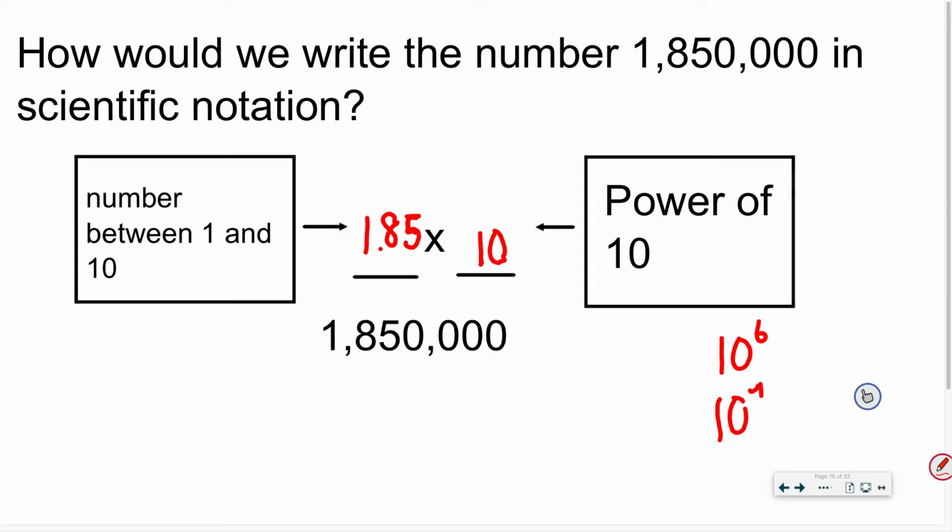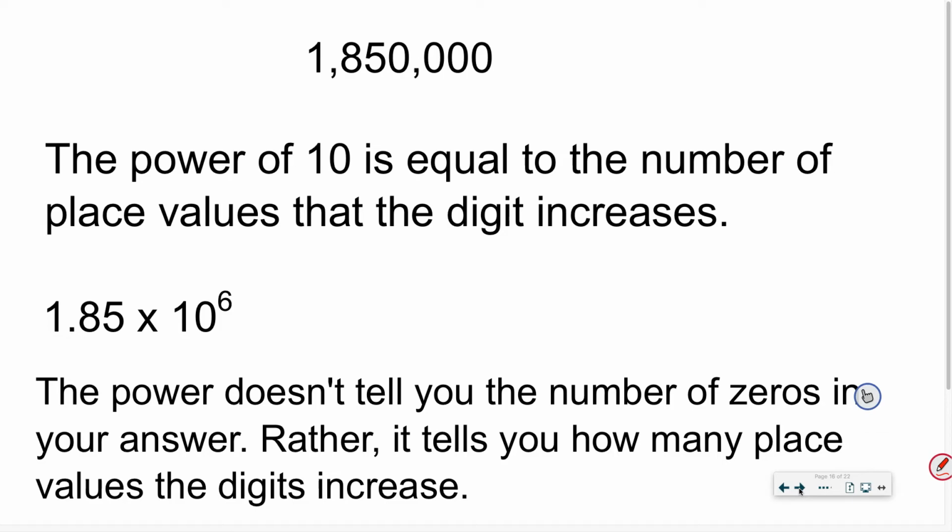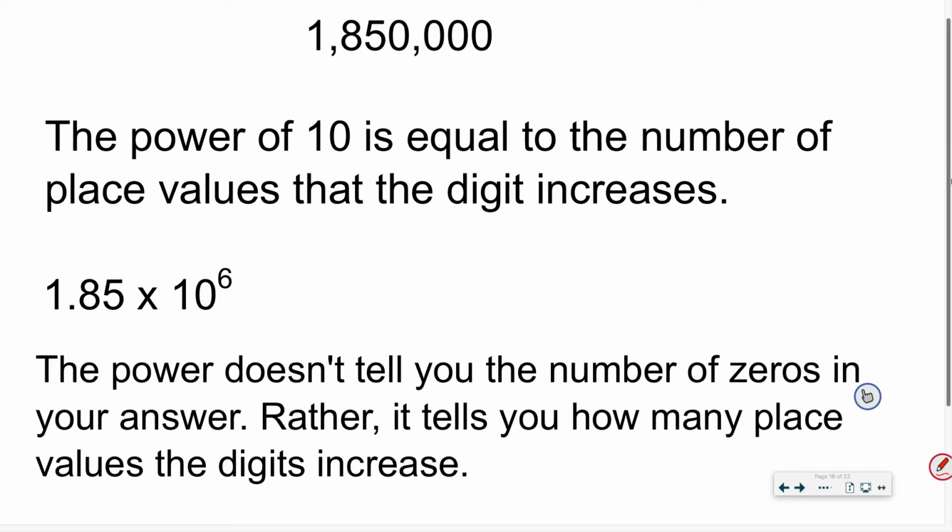Place value. Yeah, it represents our place value. So the power of 10 is equal to the number of place values that the digit increases. We do not count zeros, because if you do, you'd be incorrect here. You only would have counted 4. But think about what number we had. If we have 1,850,000, we're going to take the number 1.85 and multiply it by a power of 10 to get 1,850,000.